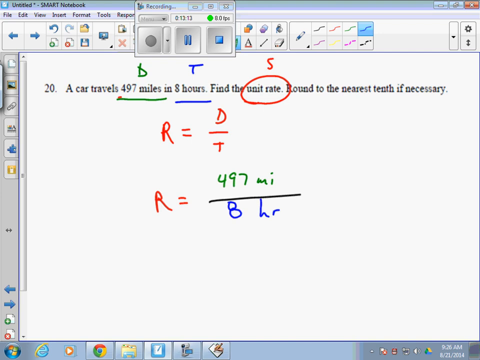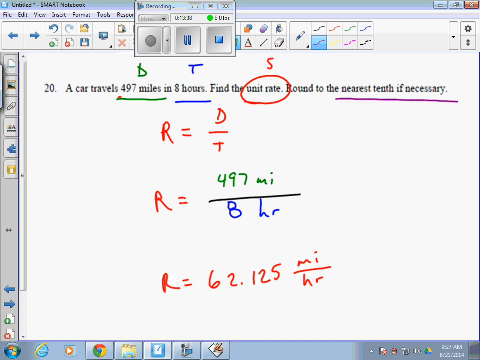So you have 497 miles. Again, miles and hours are not going to cancel each other out. When you divide 497 by 8, your rate is going to be 62.125 miles per hour. The last part says round to the nearest tenth.